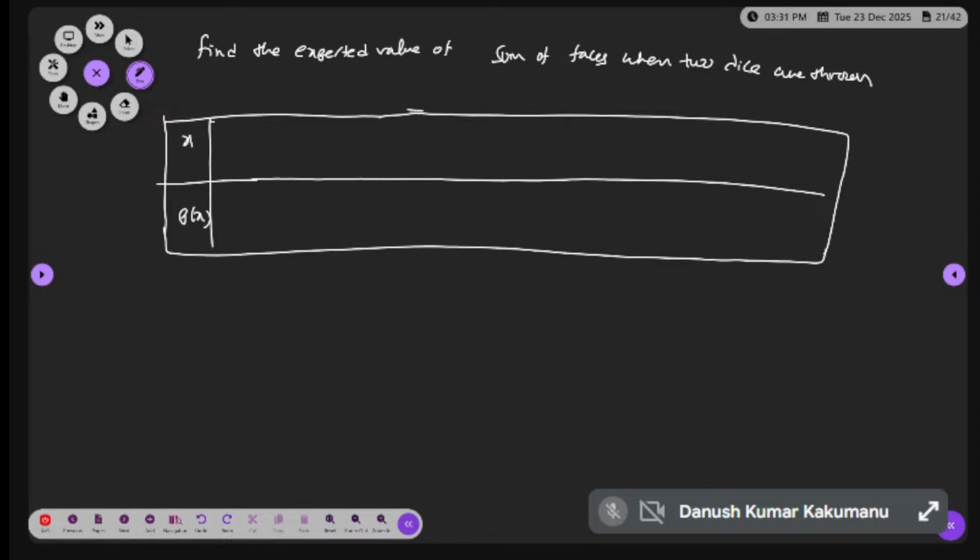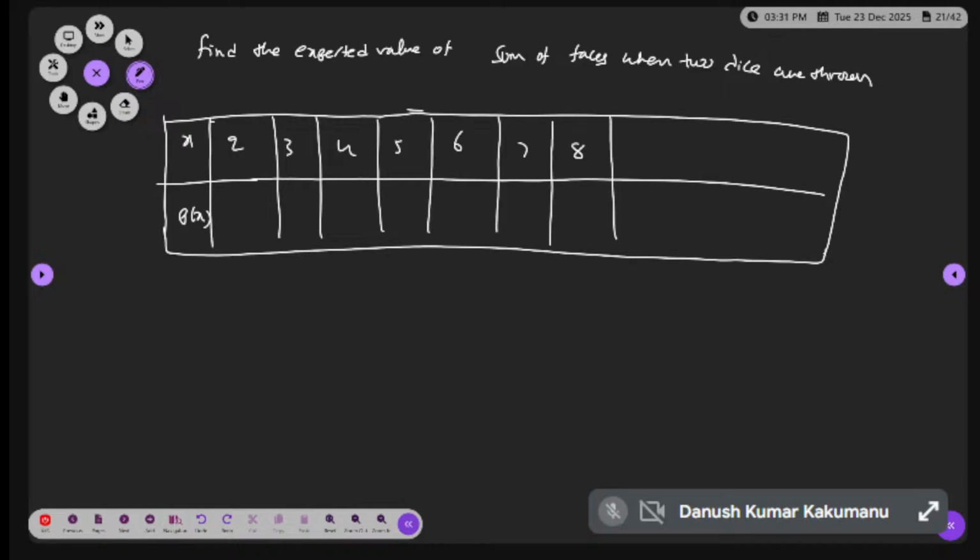Minimum sum is 2. Maximum sum? 12. Minimum sum is 2. Next sum is what? 3, 4, 5, 6, 7, 8, 9, 10, 11, 12.